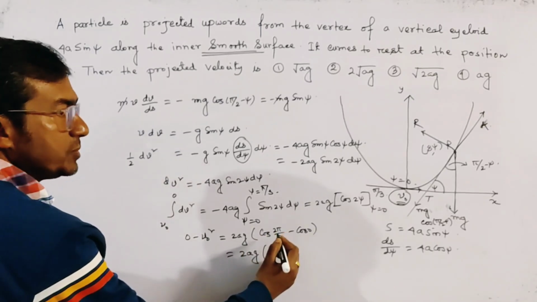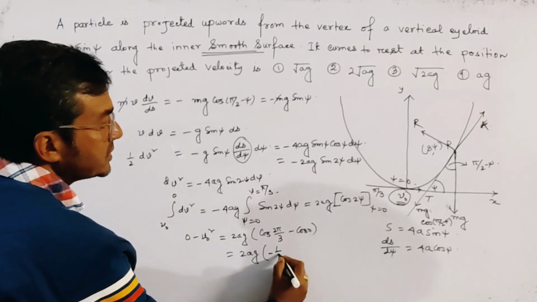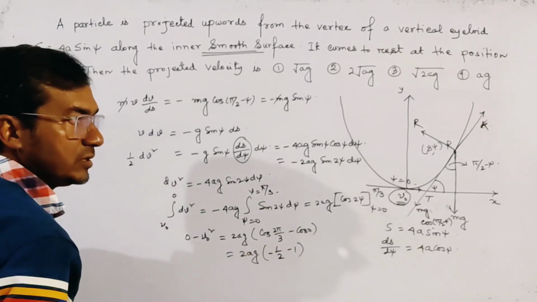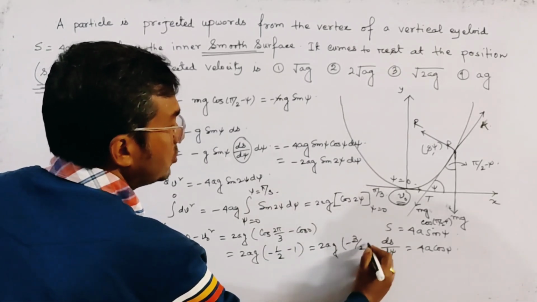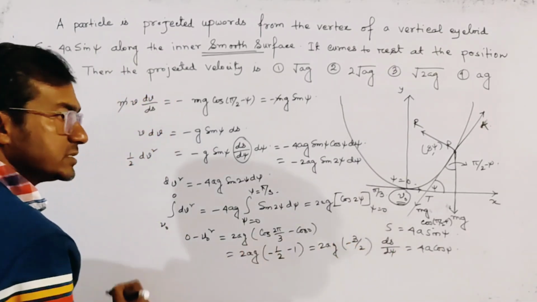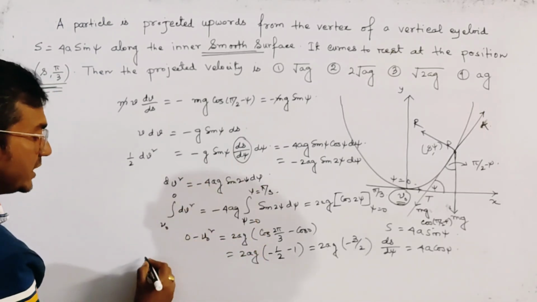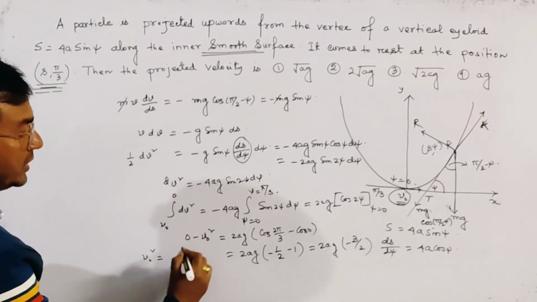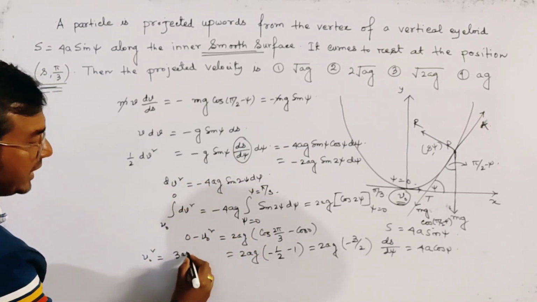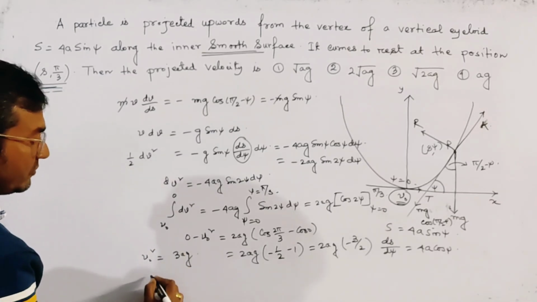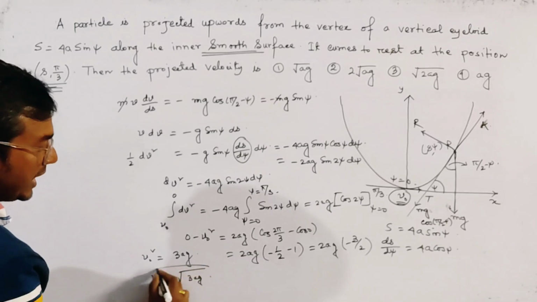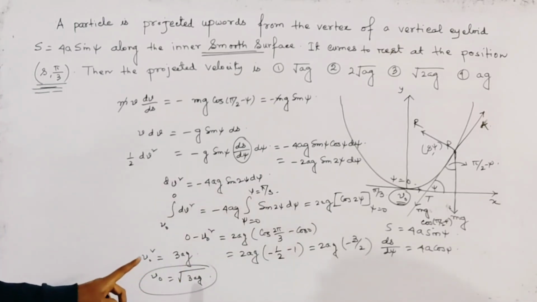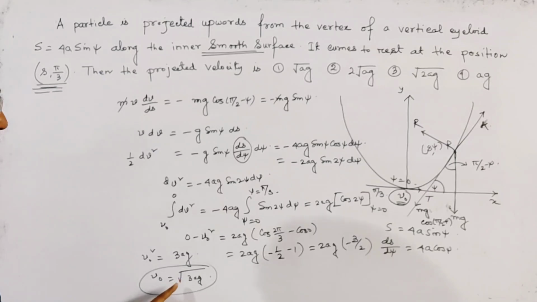So this is minus 1 by 2 minus 1, so we get 2ag into minus 3 by 2. The minus signs cancel from both sides, and we get v0 square equal to 3ag, and v0 is obviously root 3ag, and this is our answer.